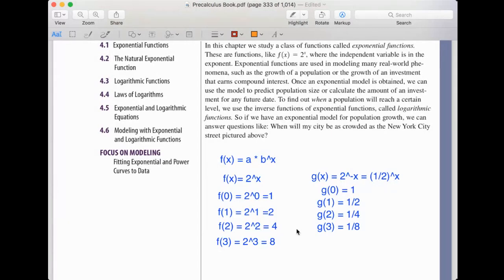This one we call exponential growth because the y value increases as the x value increases. For this class we don't really care, but in statistics class we do. So this one is called exponential growth, and this one is called exponential decay.